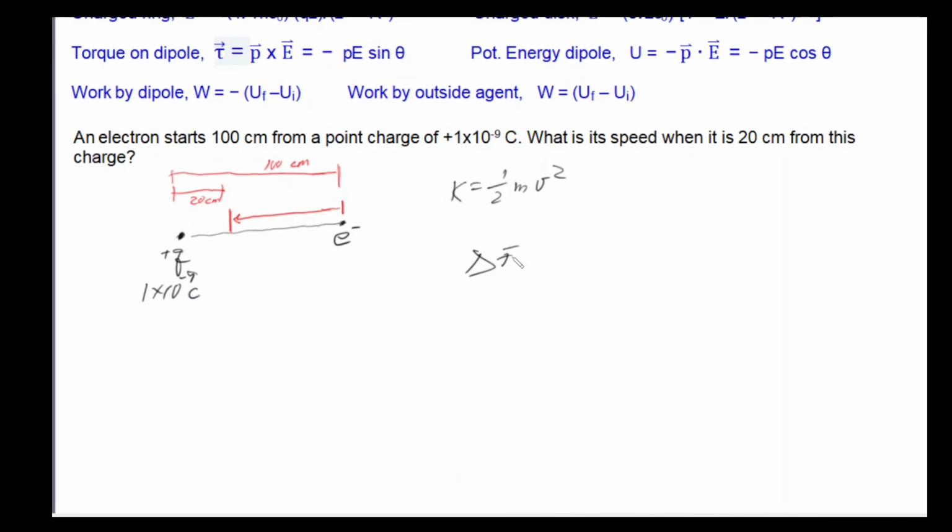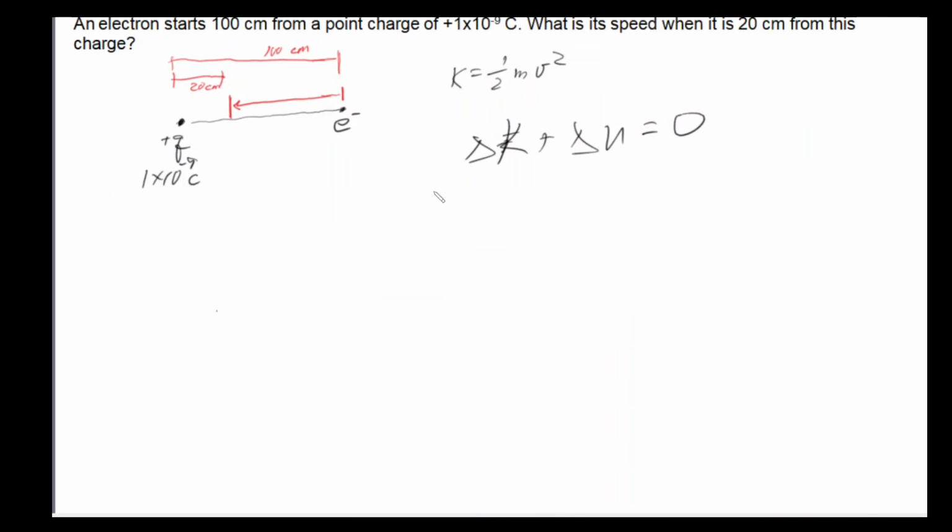So any change in kinetic energy plus any change in potential energy has to equal 0. So in this case, we're saying that the kinetic energy at 20 centimeters plus the potential energy at 20 centimeters has to equal the kinetic energy at 100 centimeters plus the potential energy at 100 centimeters.